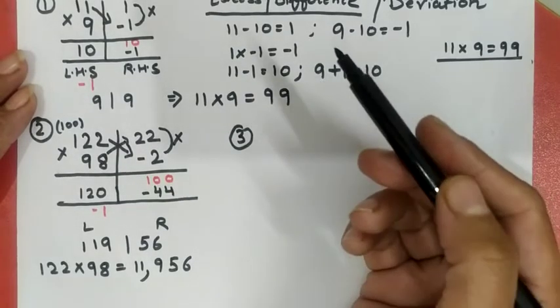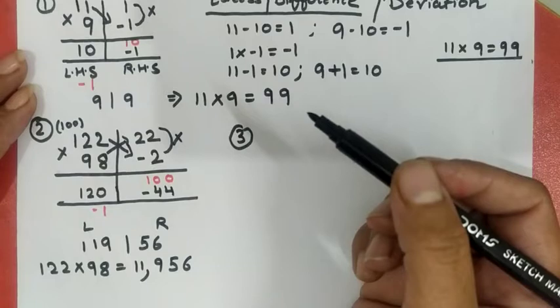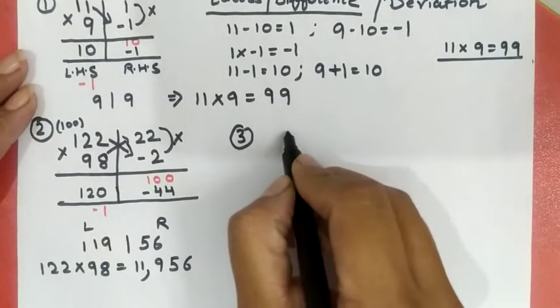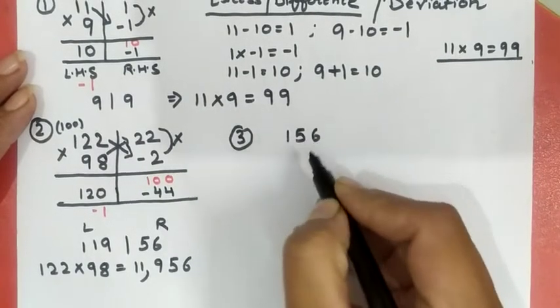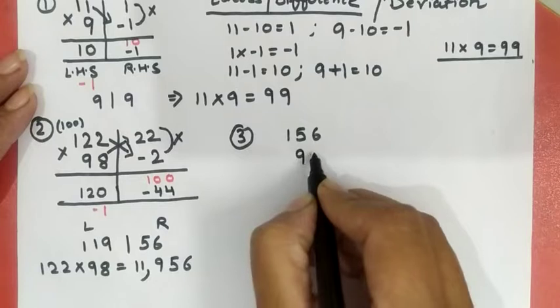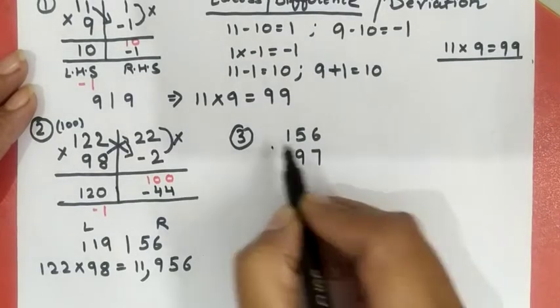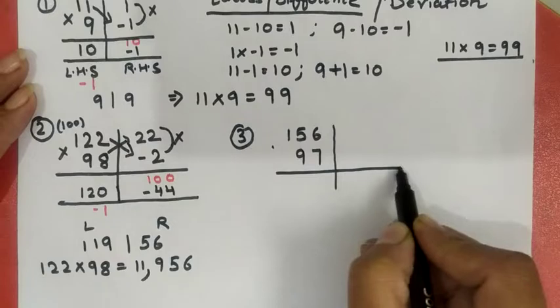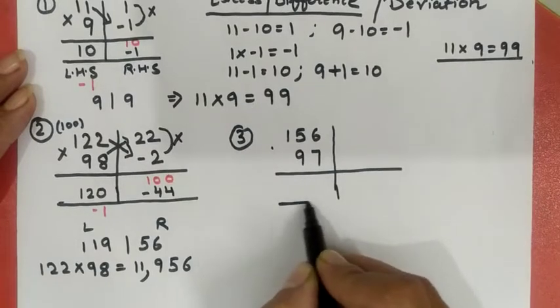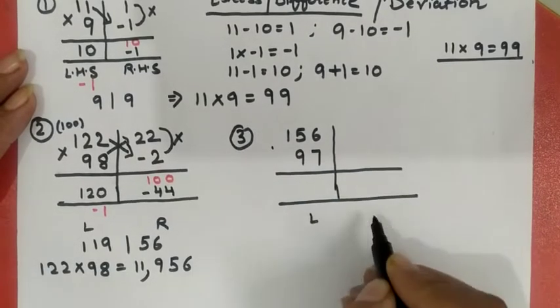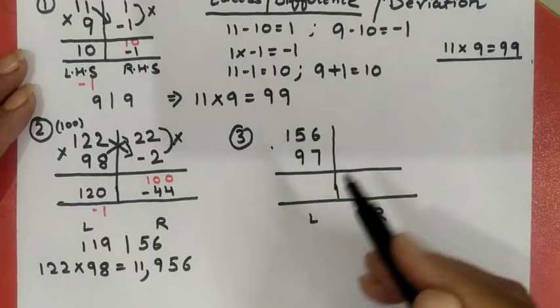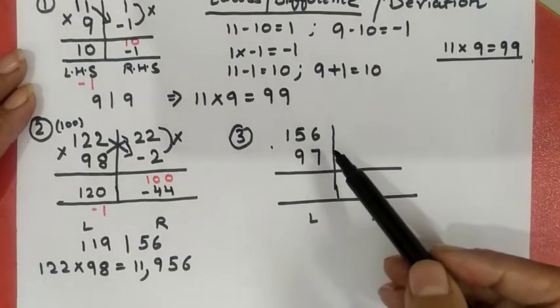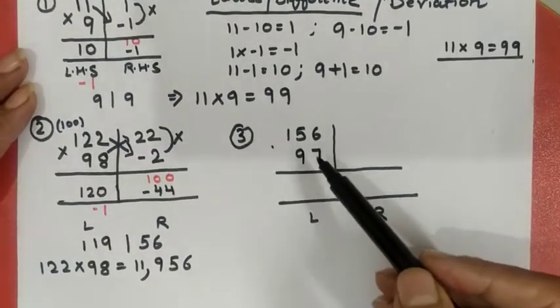Right. Now let us take one more and the last question, which is 156 multiplied by 97. Right. So we are going to apply base method. So we will divide our question in two parts, the left hand side part and the right hand side part. On the left hand side part we will write the numbers we want to multiply.